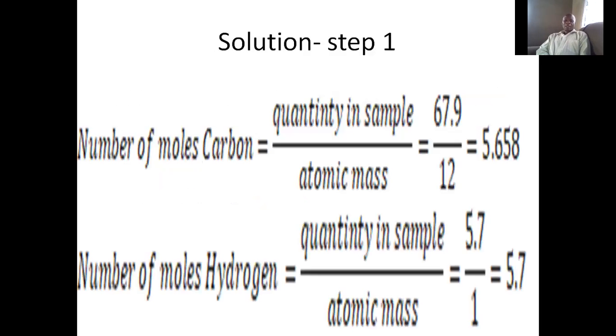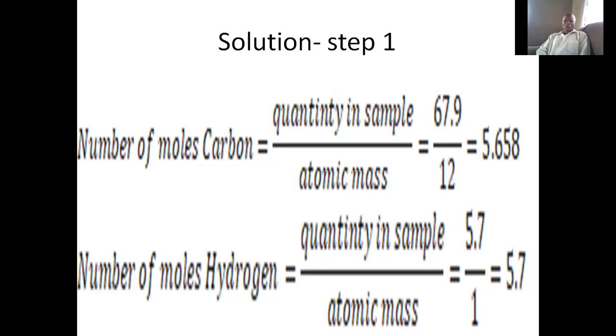So we said the first step is that we have to calculate the number of moles. Since they have told us that 67.9% is contained in that compound, it means that we have 67.9 grams divided by 12, which is the relative atomic mass for carbon.